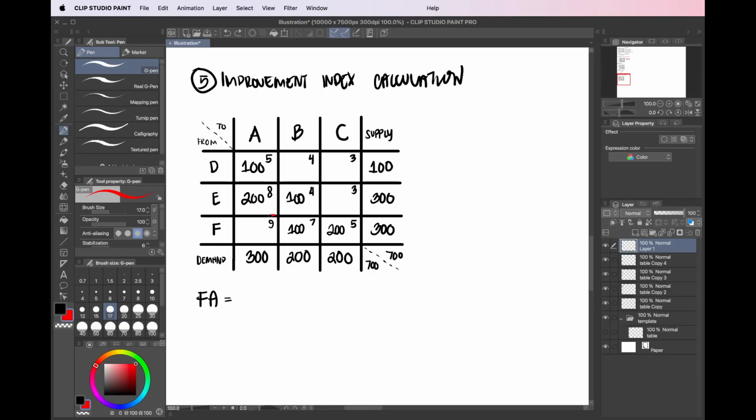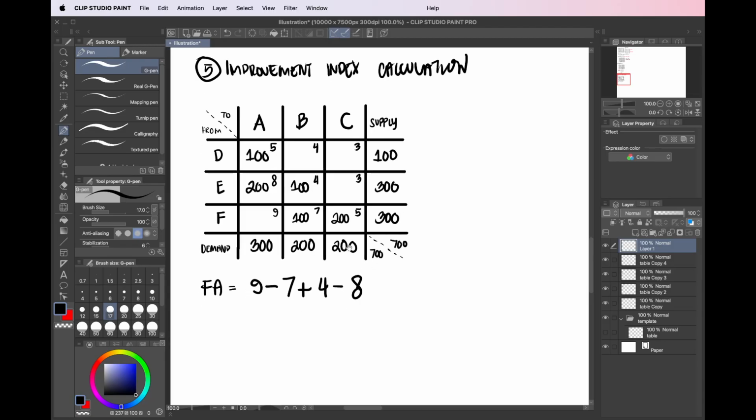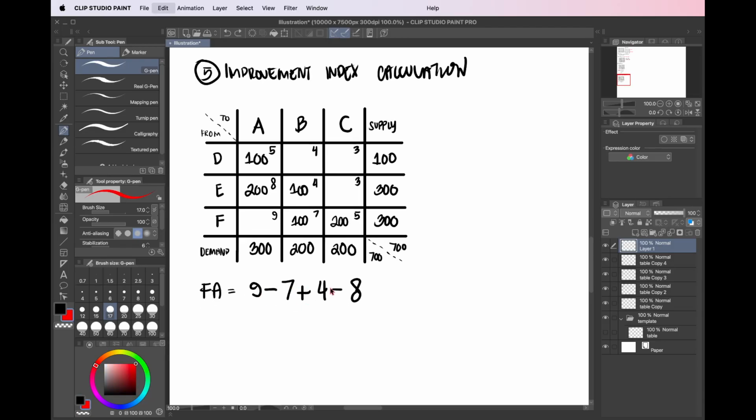Okay, so we're gonna be using the cells' costs, by the way. So 9, and by the way, this follows a pattern, right? So it's 9 minus 7 plus 4 minus 8. So notice that it's minus, plus, minus, and subsequent calculations would be plus, minus, plus.